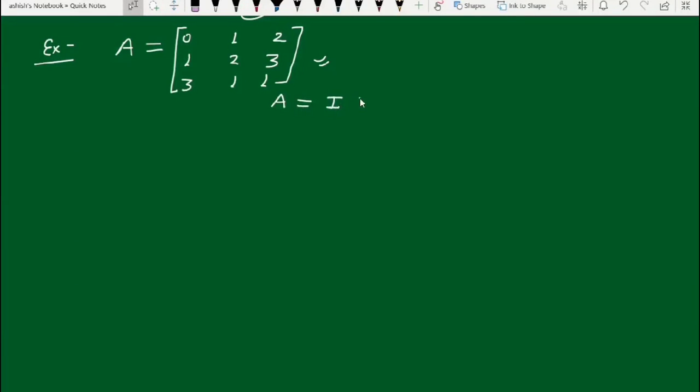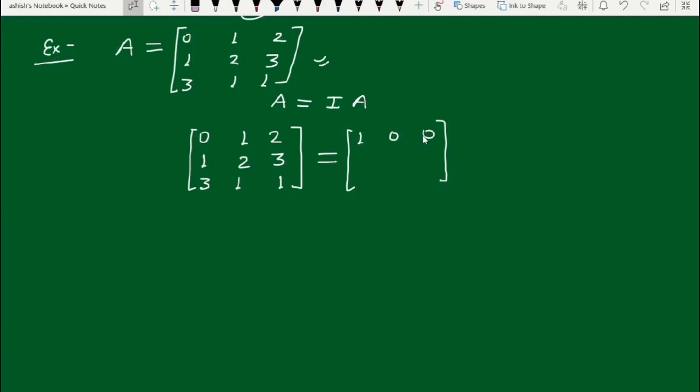For this we take A equal IA, that is 0, 1, 2, 1, 2, 3, 3, 1, 1. I should be the same order as A: 1, 0, 0, 0, 1, 0, 0, 0, 1, and A.